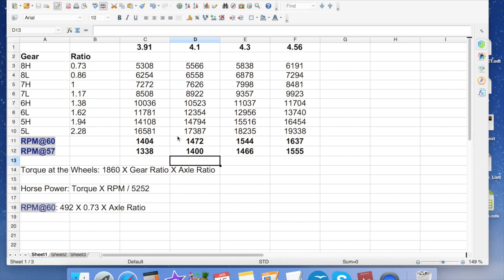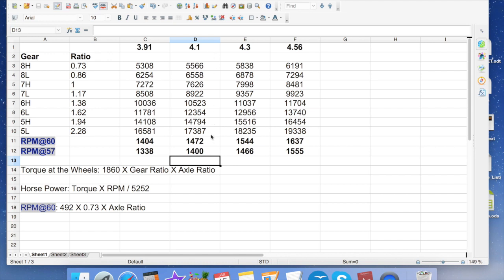But the thing is that with 4.10, 5 high, it's still below this number, you see? So 5 low is higher than here, but that only means that I still have to go all the way down to 5 low on that particular hill. The same hill where I had to go to 5 low with 3.91, so I had to go to 5 low with 4.10.